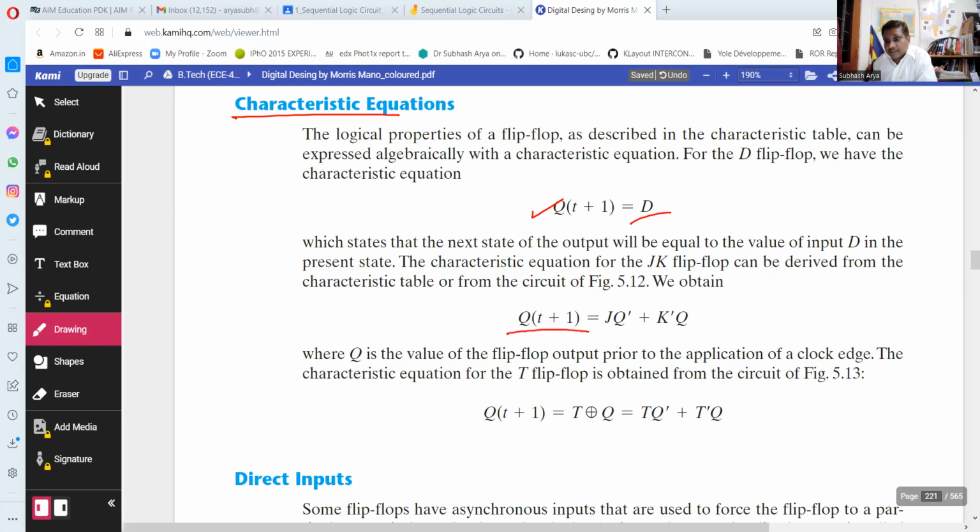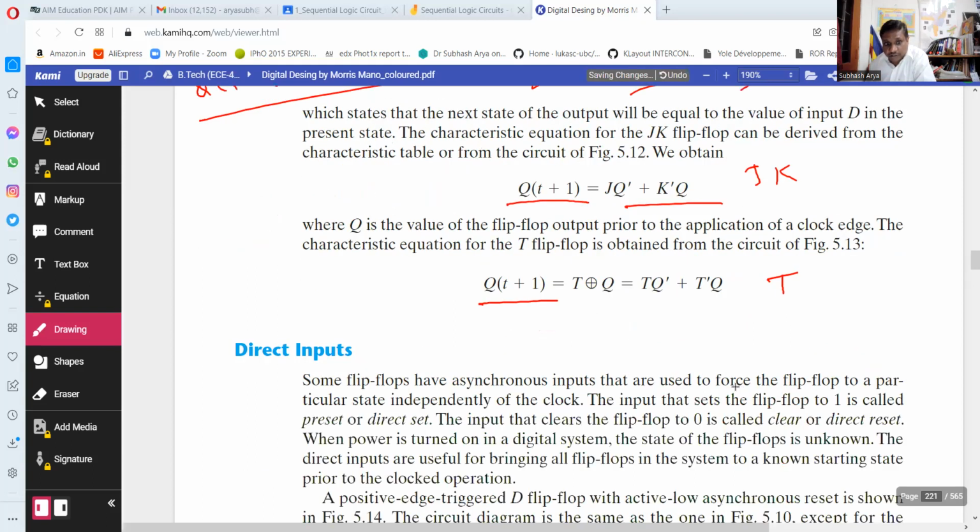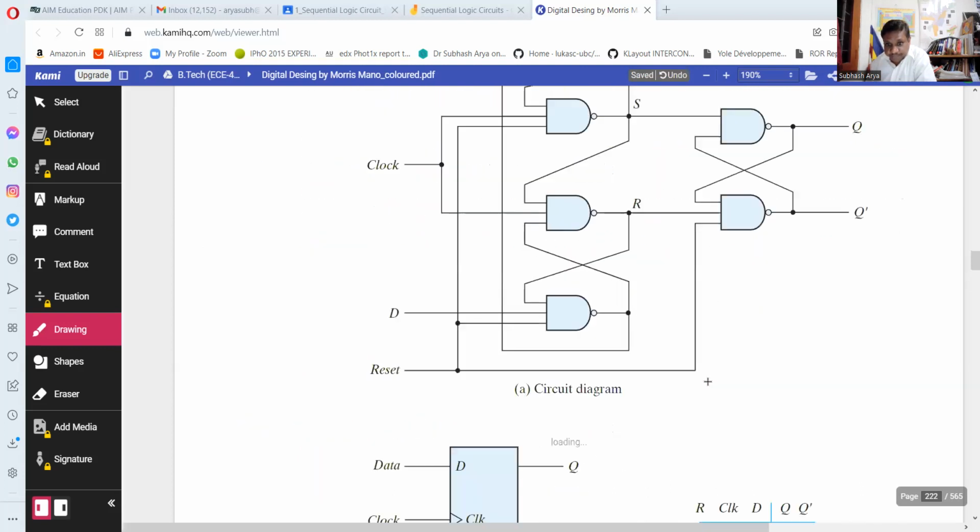The characteristic equation of JK flip-flop is here, and of T flip-flop is here. This is JK, this is D. SR is not given, so we can write it here: Qt plus 1 is equal to S plus R bar Qt. This was the characteristic equation of the SR-Flip-Flop.